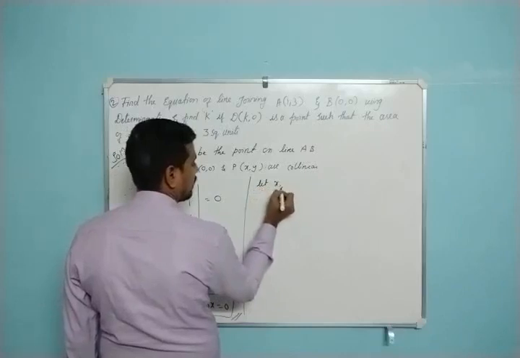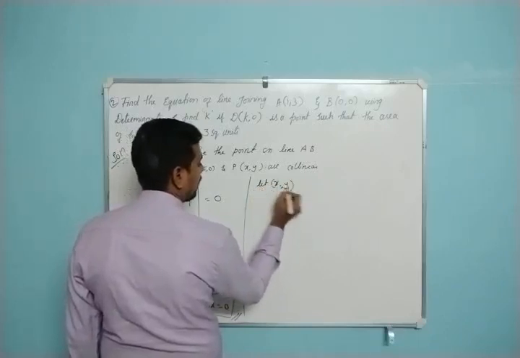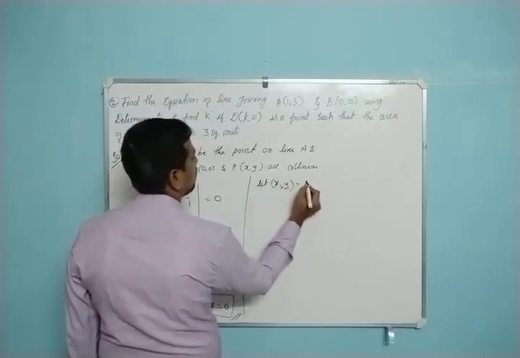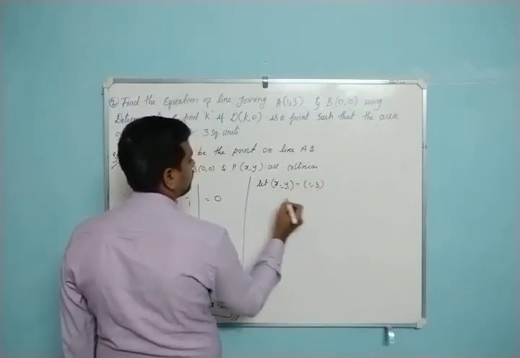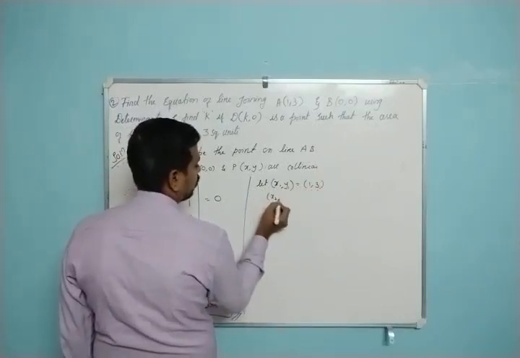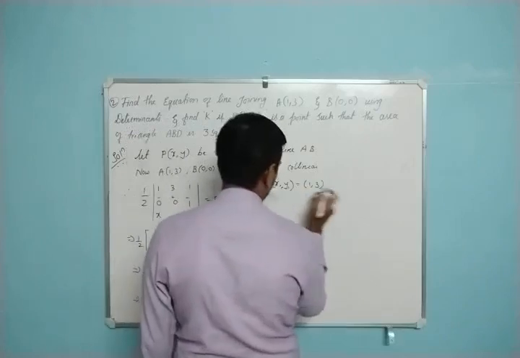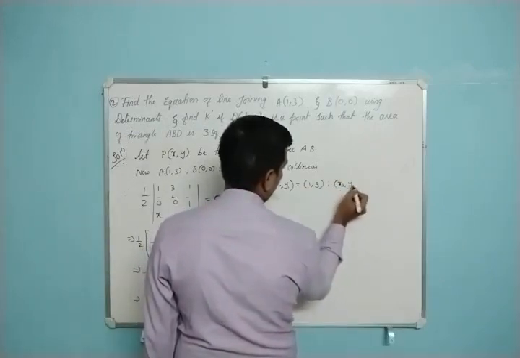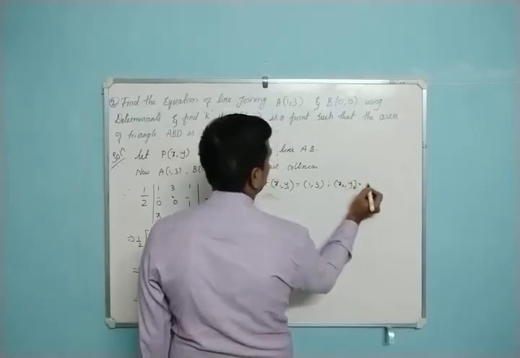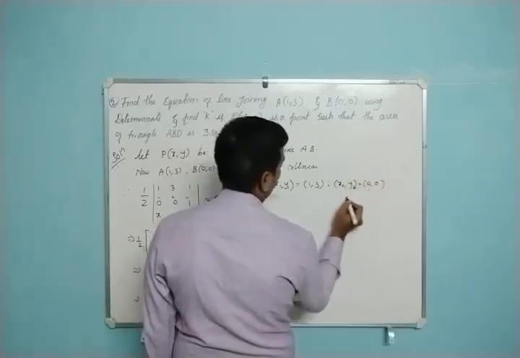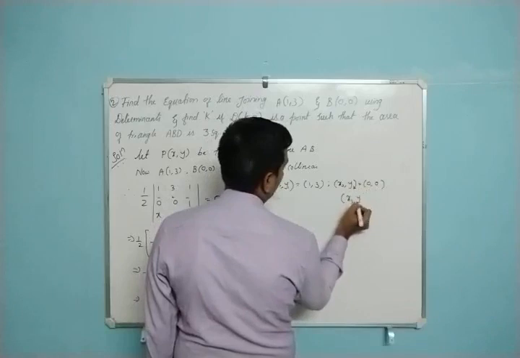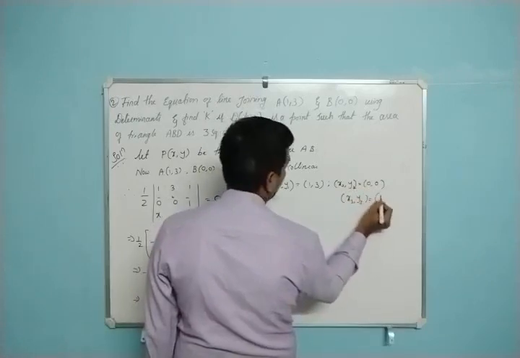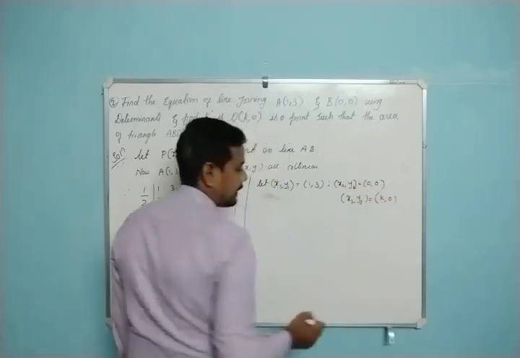Let (x1, y1) be (1, 3), (x2, y2) be (0, 0) and (x3, y3) be (k, 0).